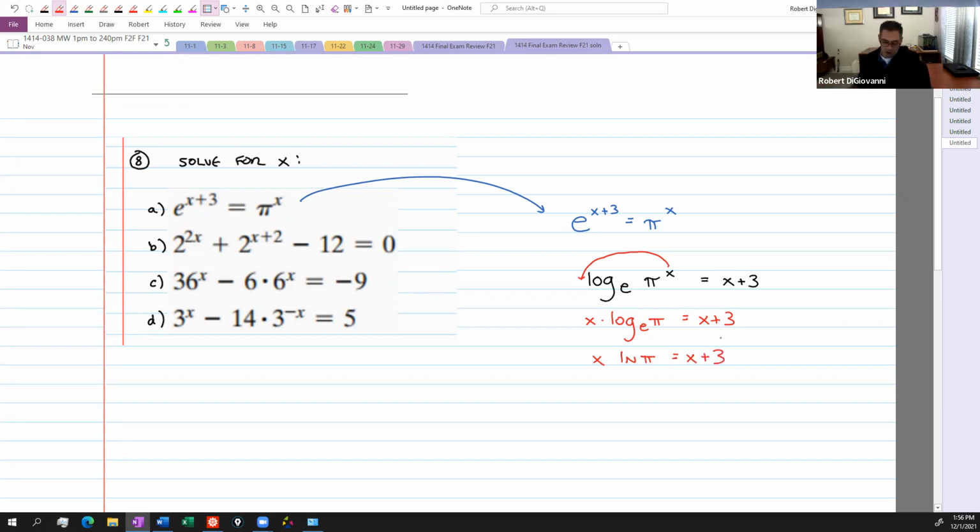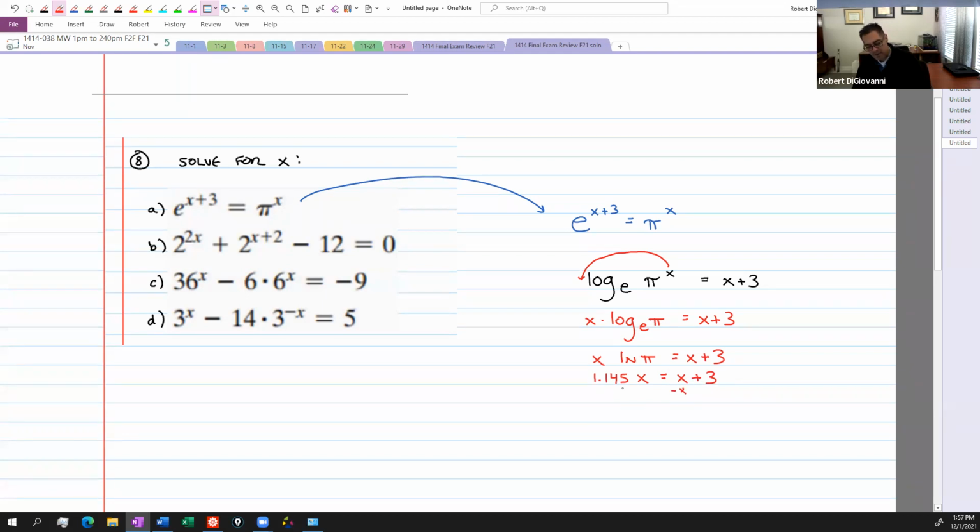Now let's go ahead and do natural log of pi on our calculator. You get about 1.144, something like that. I'm going to round it to 1.145x equals x plus 3.